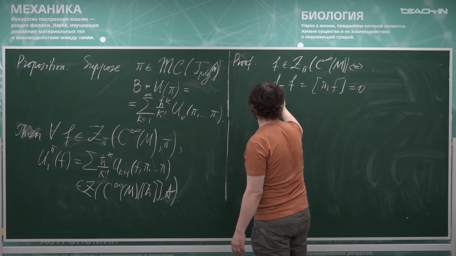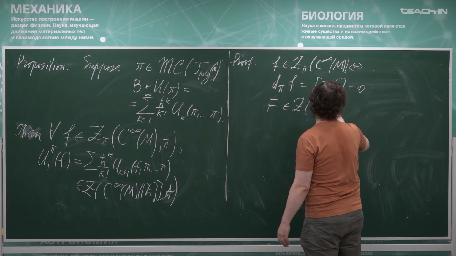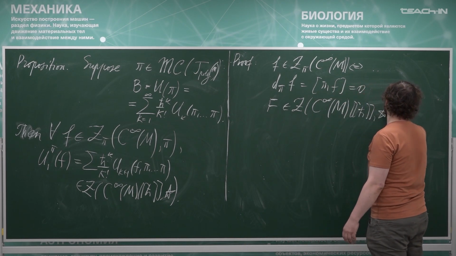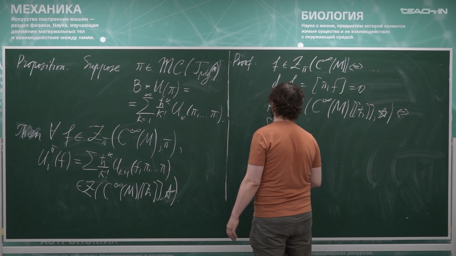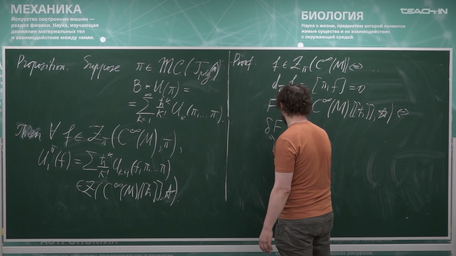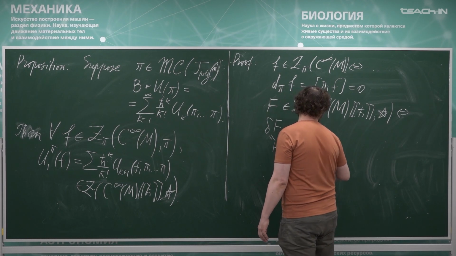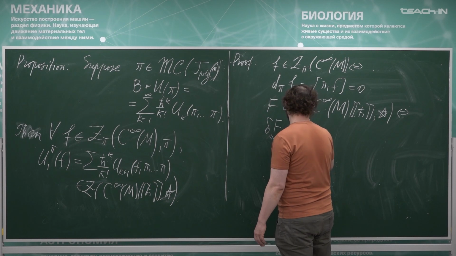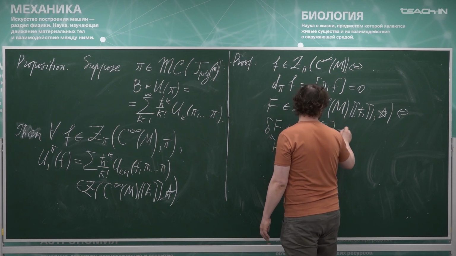Similarly, some F capital is in the center of the algebra of deformation quantization, that is the algebra of functions with respect to the star product, if and only if the following equation holds: delta of F, which is the Hochschild differential, plus the Gerstenhaber bracket of B and F capital vanishes identically.